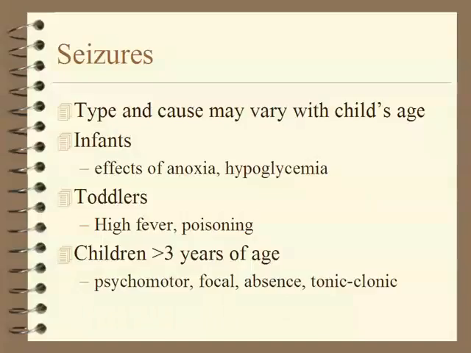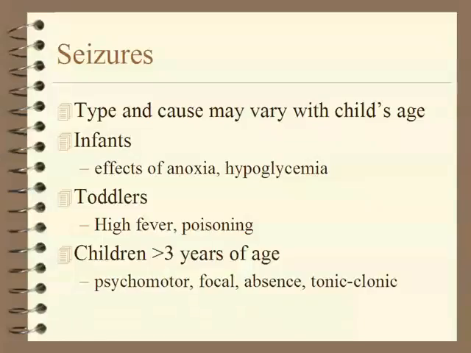Sometimes, especially with infants, it might just be kind of a rhythmic twitching of the wrist, or of the ankles perhaps, or the foot. So just keep your mind open that not all seizures, especially in children, are going to be that tonic-clonic grand mal type seizure.